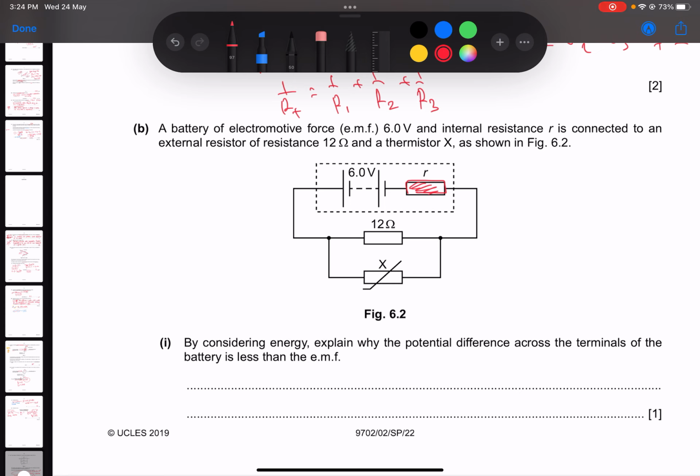Now, let's say the EMF is going to be 6 volts. This one, let's say, consumed 2.8 volts, and this one consumed, let's say, 3.7 volts. In total, it is not 6, it is 5.9 volts, and 0.1 volt will be wasted inside the battery.